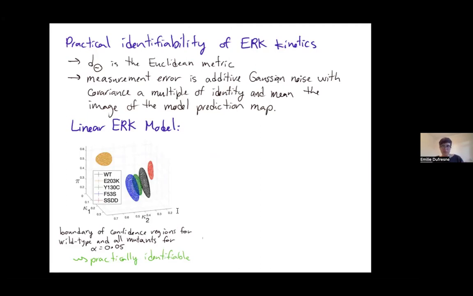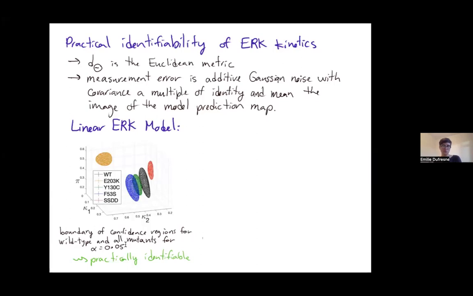What you can do is, so it's hard to get your hand on the delta, but once you have the delta from my significance level 0.05, you can plot the boundary of the confidence region.